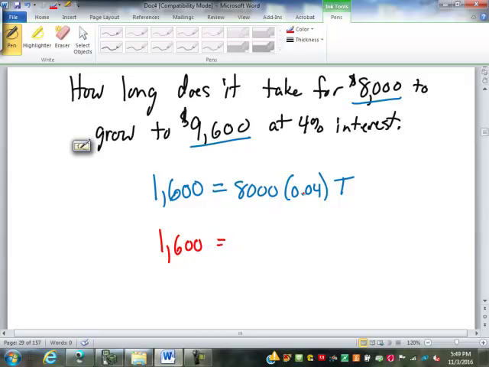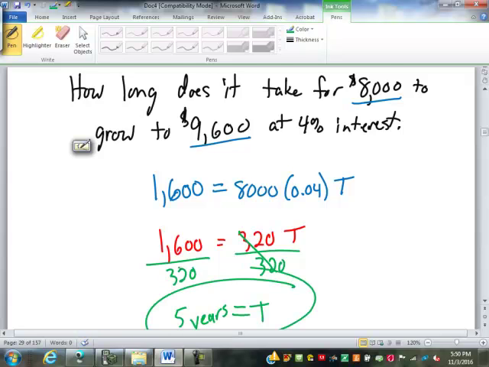So we're going to do 8,000 times 0.04, which is what, 320? Then what? Divide by 320. And we get that our time is 5. Of course, time is always in years. So yes, that is 5 years.